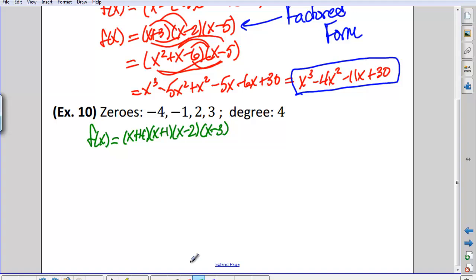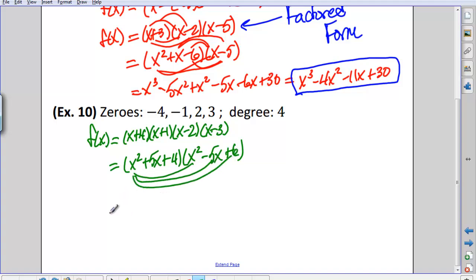If you didn't need this factored out, if you actually needed to multiply all of it together, you could start by FOILing here. You would get x squared plus 5x plus 4. You could also FOIL here and get x squared, whoops, minus 5x plus 6. And now the fun part would be distributing one trinomial into the other.